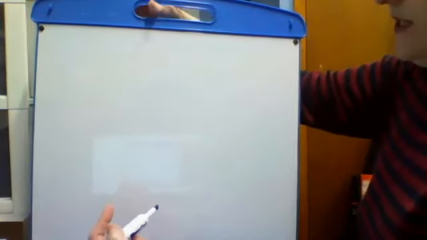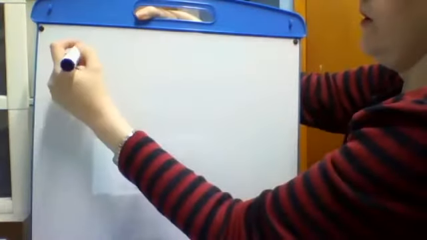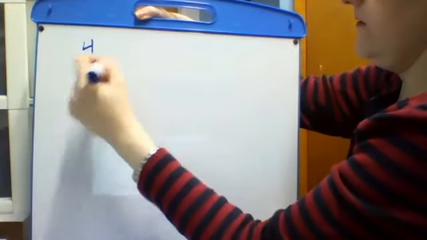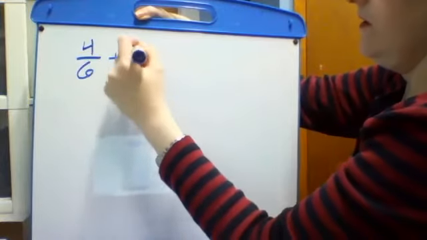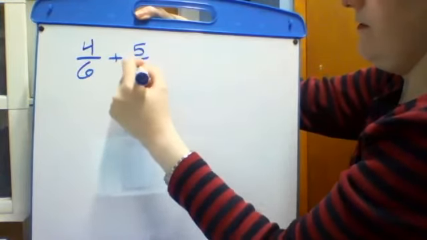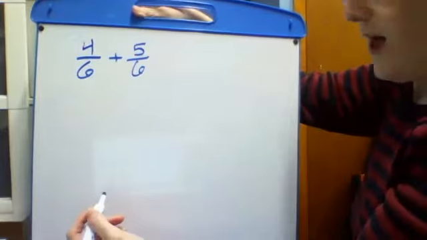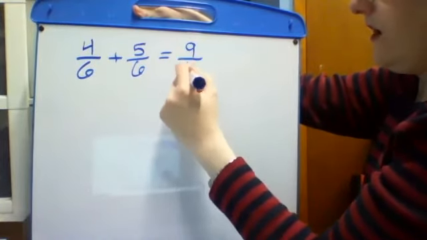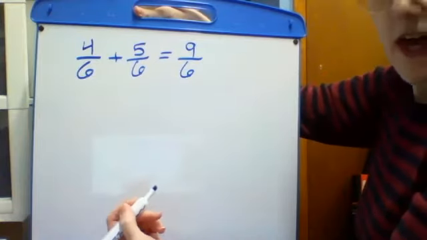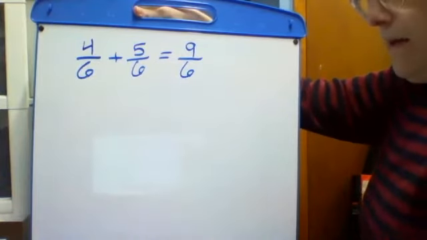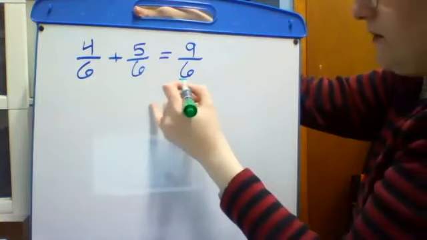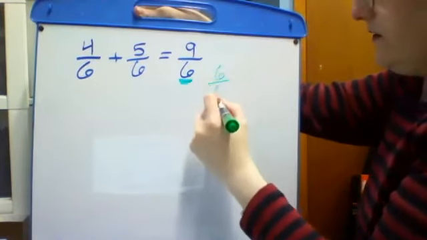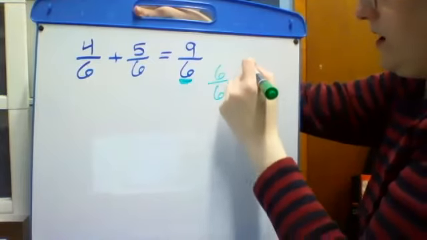Ta-da! Let's say I have 4/6 plus 5/6. What would I have altogether? I would have 9/6. Now, what do I have to think? I have to think, well, my denominator tells me how many pieces make the whole. 6/6 would be 1 whole.